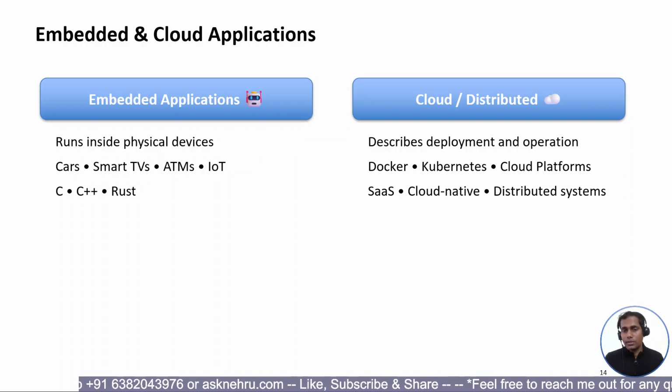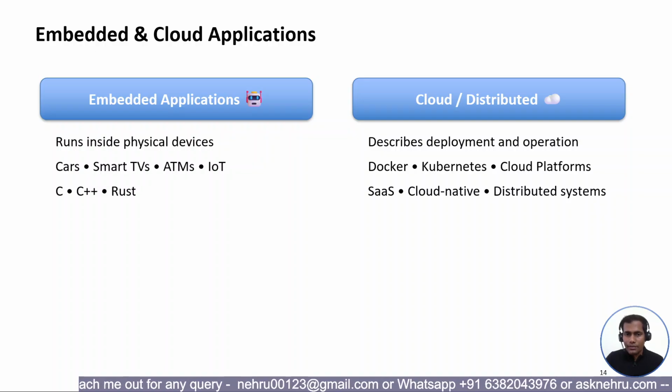So they are IoT devices. An automatic phone, remote fan control. When your washing machine automatically controls the washing cycle, software is running inside that device. The common technologies used for this are C, C++, embedded C, and Rust.